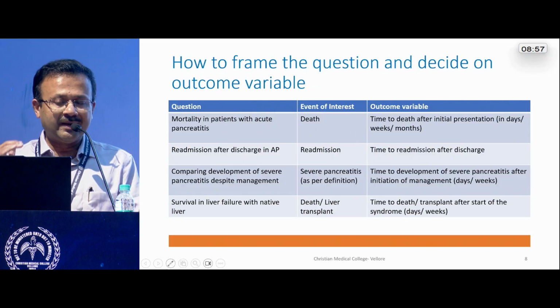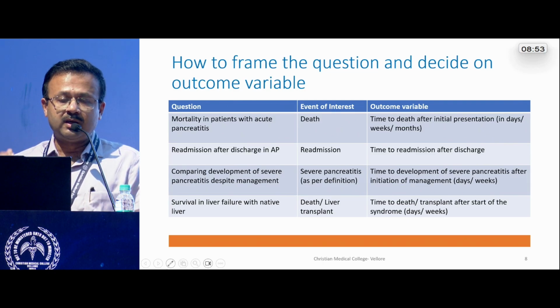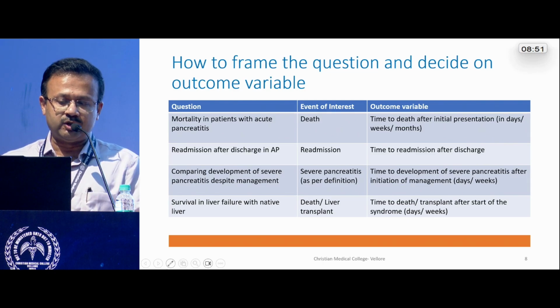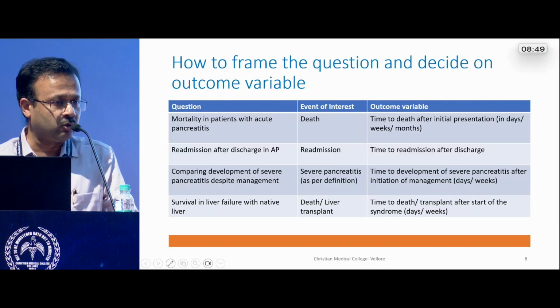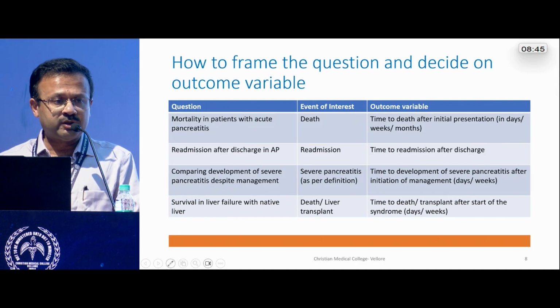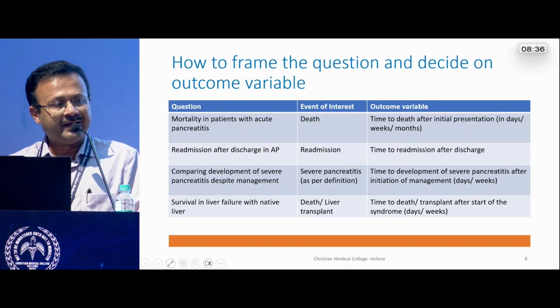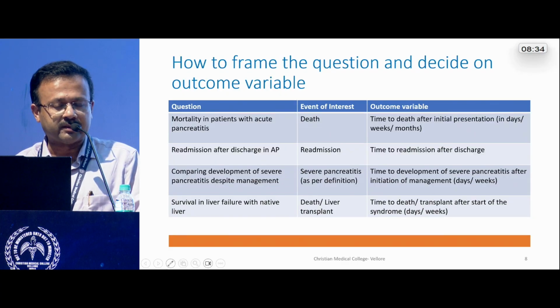So I am looking at death, and my outcome variable in survival analysis will be time to death after initial presentation, which can be coded in days, weeks, or months. Similarly, it could be readmission after discharge, or comparing development of severe pancreatitis, infected pancreatitis, and then my outcome variable will be development of severe pancreatitis over time.